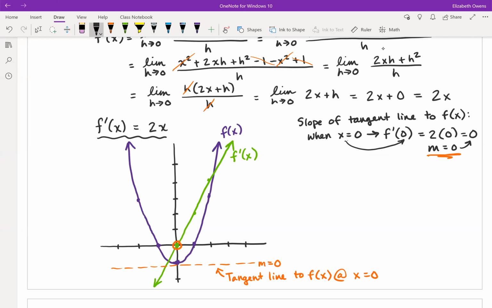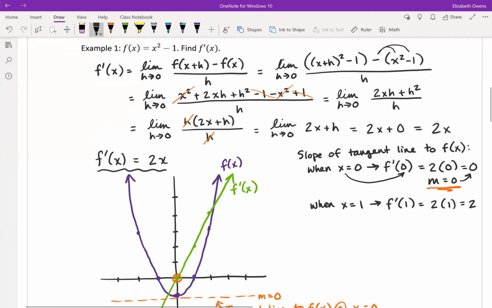Let's do another one here. When x equals, let's say, 1. f prime of 1 would be 2 times 1, and that would be 2. So that's the derivative of our original function f of x when x equals 1.